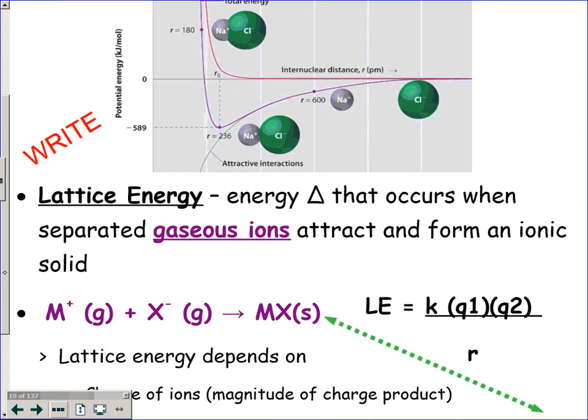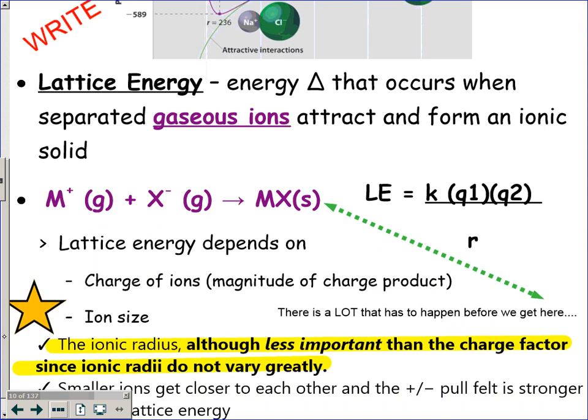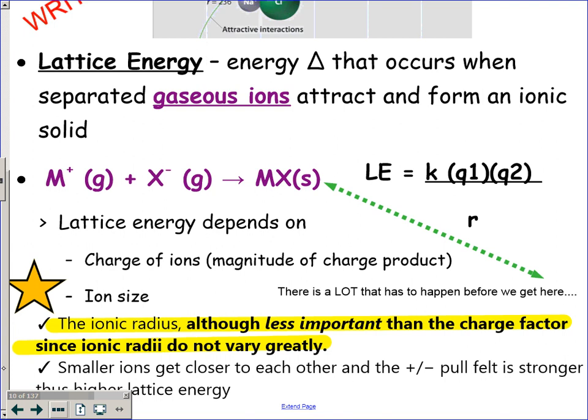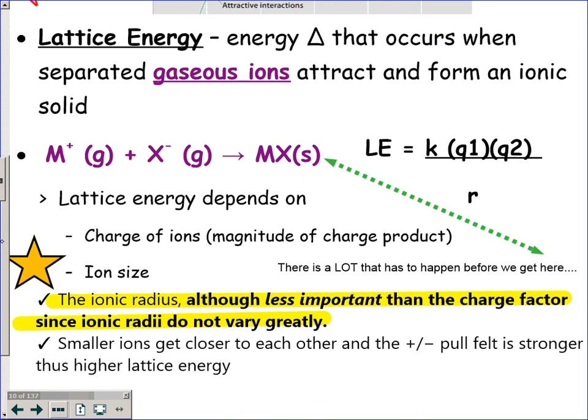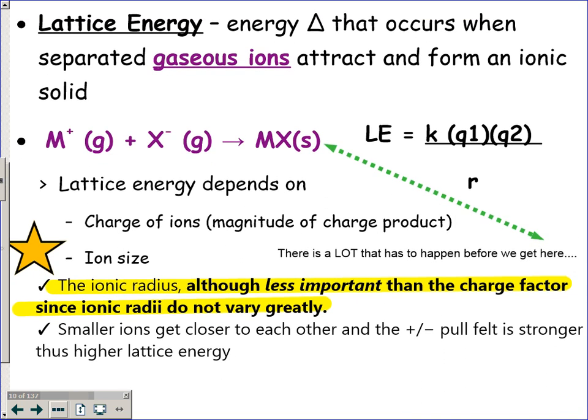And we've already done all this two days ago. Just read and then give me a thumbs up, because I'm not going to spend much more time here. The only thing I wanted to re-emphasize was that radius differences are super, super tiny, so it doesn't impact lattice energy as much as the charge product does.